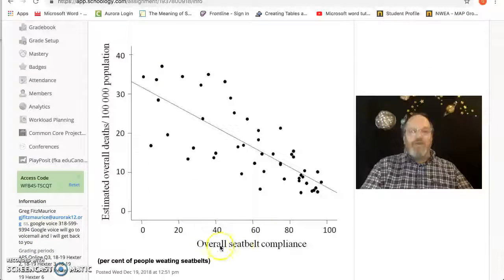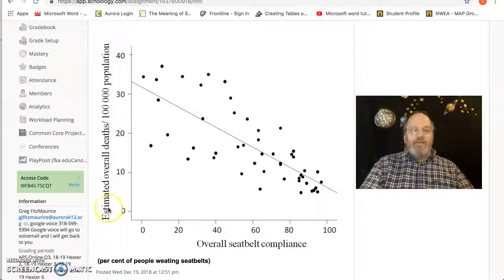This particular scatter plot graph is on overall seatbelt compliance, which simply means the percent of people wearing seatbelts versus the estimated overall deaths per 100,000 population. So the x-axis, which is the horizontal axis, that's always the variable that can be manipulated or is manipulated.